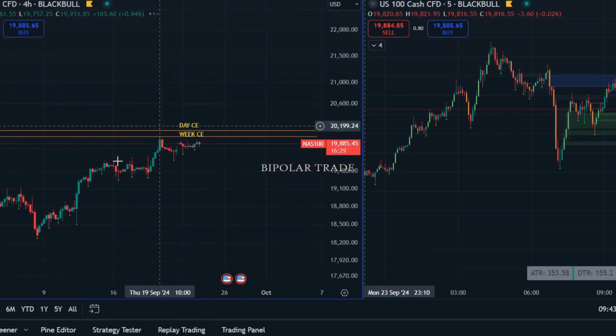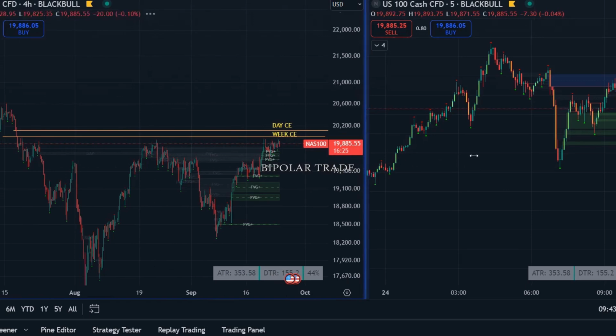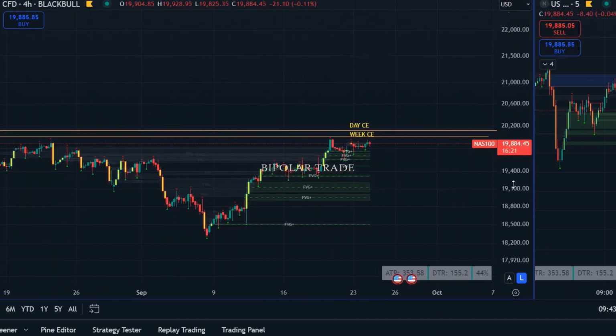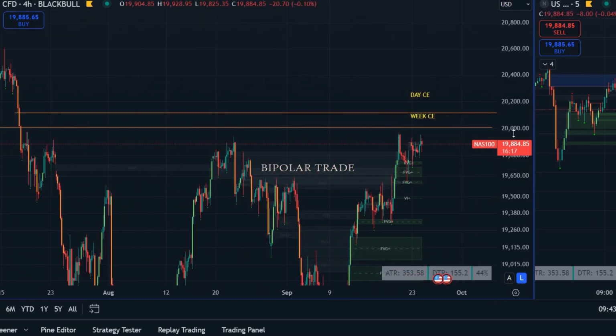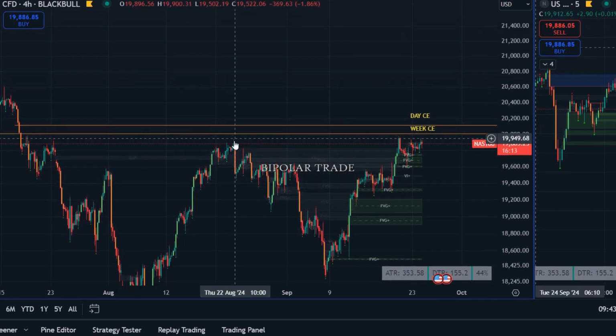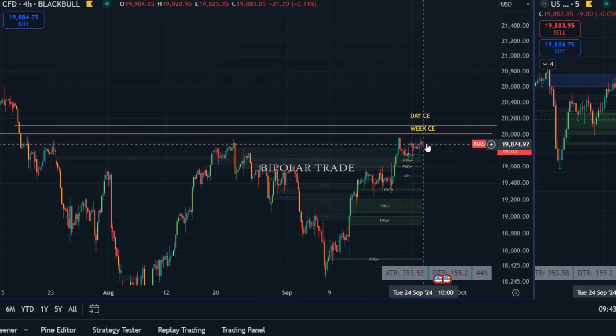I come back to 4 hour. If I see this 4 hour, it has given a close above this high. So again, I can confirm the market is going to be bullish.